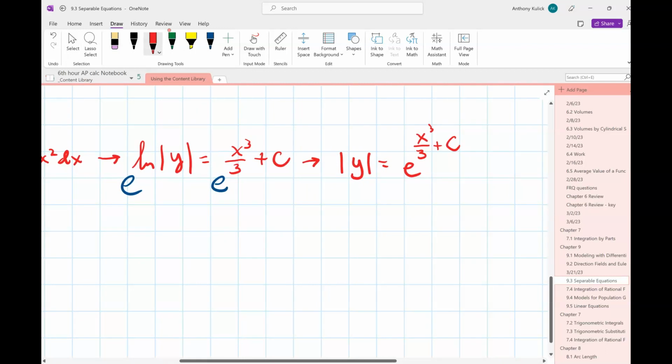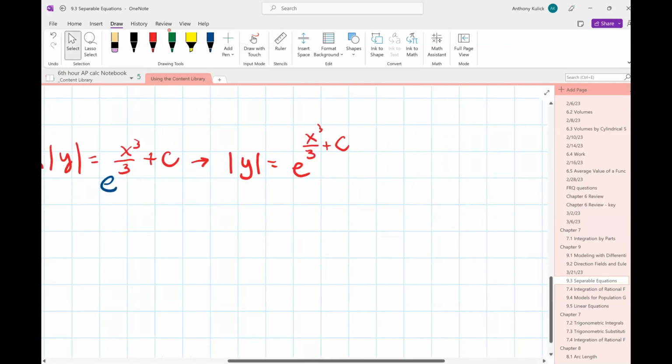Everybody happy there? Now what do I have to get rid of? Absolute value.